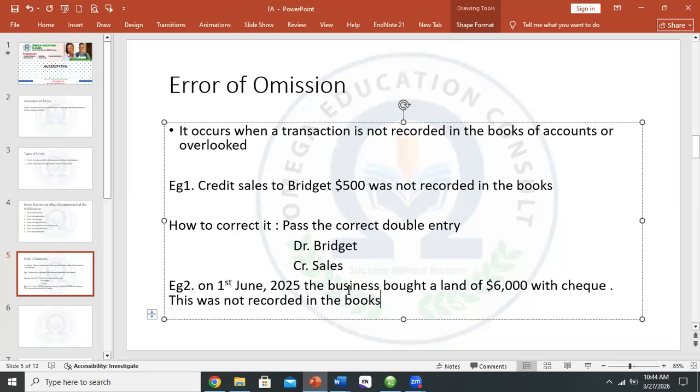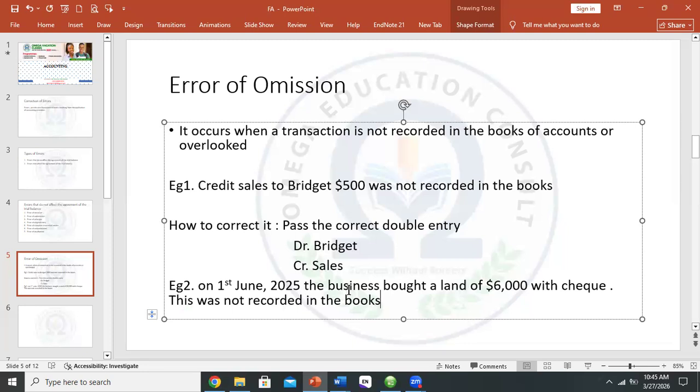I want to believe my professors can explain what a partial omission is. Partial means that they recorded one and didn't record the other. They did the debit and didn't do the corresponding credit, or they did the credit and didn't do the corresponding debit. That's partial omission. But the omission here is a complete one. They didn't do any debit, no credit, right?